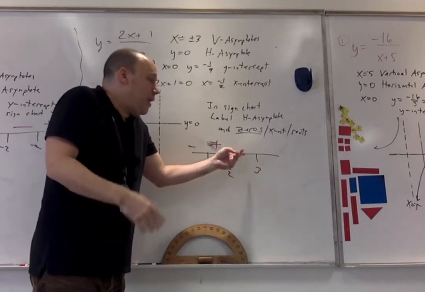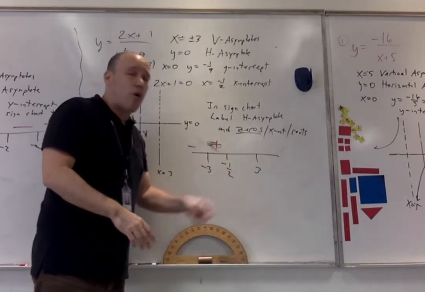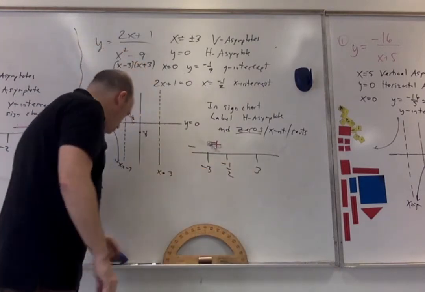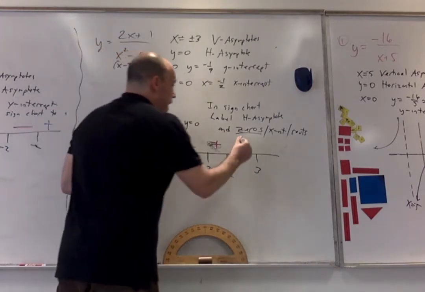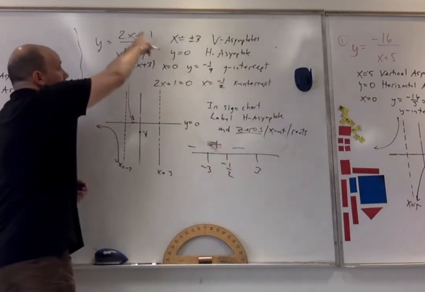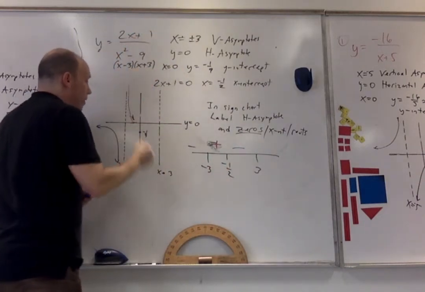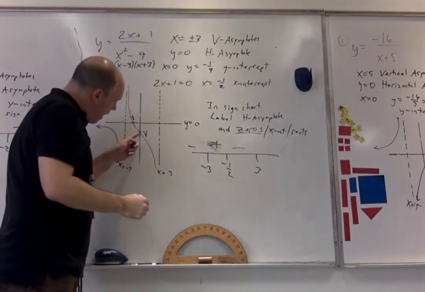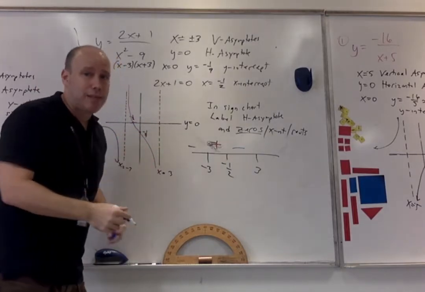Well, the best value is 0, and we know that between -1/2 and 3, this curve is underneath the axis, or negative, right? If you plug 0 in there, you get -1/9. So it looks something like this. It passes through -1/9, and then it's asymptotic to x equals 3.